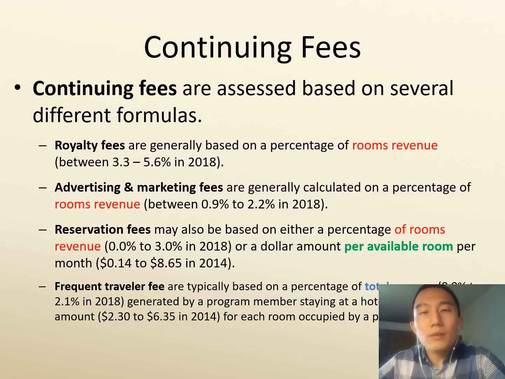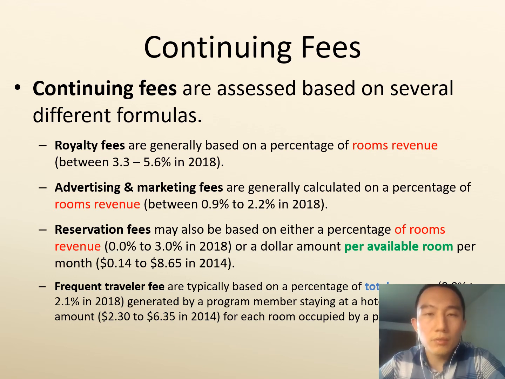Now let's take a look at the continuing fee. The continuing fee is more complex. It usually includes four different components. When you calculate the continuing fee, it is very, very important to use the correct base for each component.